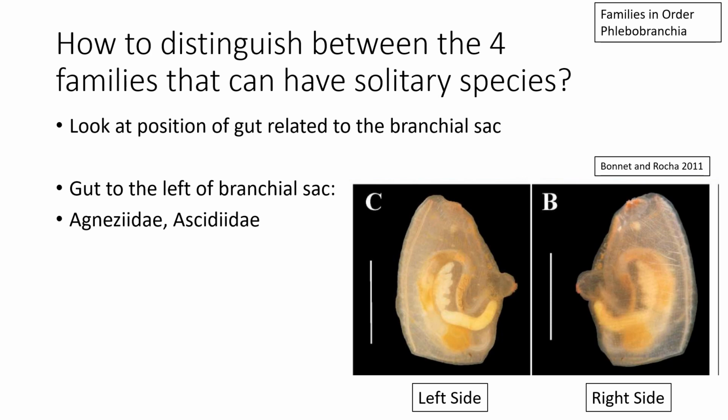When you photograph the right side, what you're looking at first is the branchial sac, and behind that is going to be the gut. If you see the gut to the left of the branchial sac, like in this particular animal photographed by Bonnet and Rocha, your family choices are Agnesidae or Ascididae.